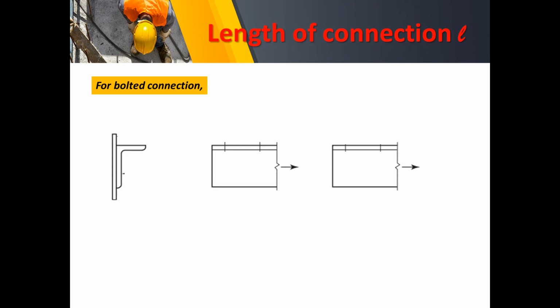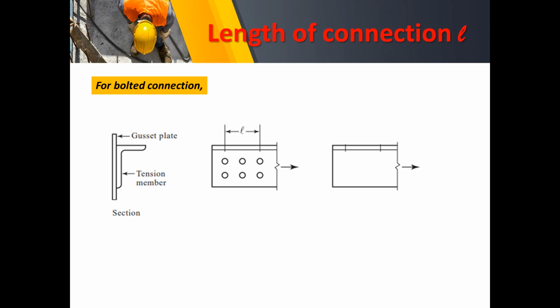So the length of connection L for a bolted connection: if we have an angle connected to a plate, this is the section and this is the tension member connected to a gusset plate, hence we have three rows of bolts.